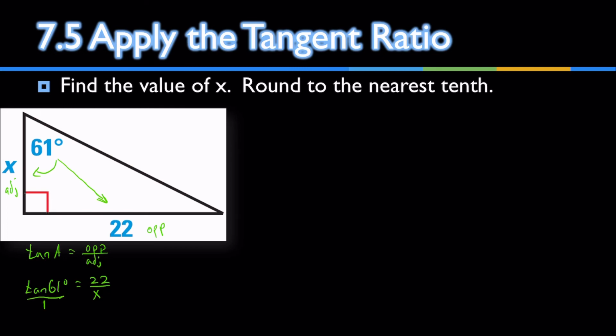So if I make this over 1, we have a proportion. We can cross multiply. Of x times tangent of 61 equals 1 times 22. It's x times tangent of 61, so to get rid of the tangent of 61, we'll have to divide.